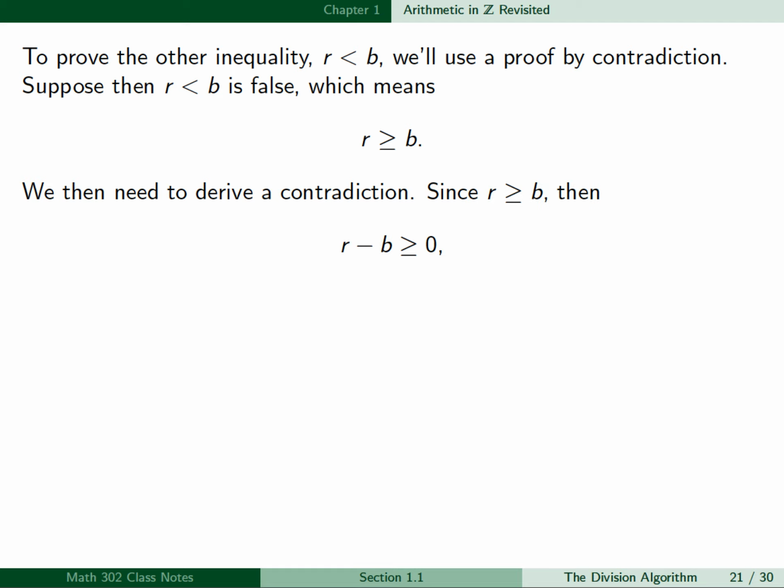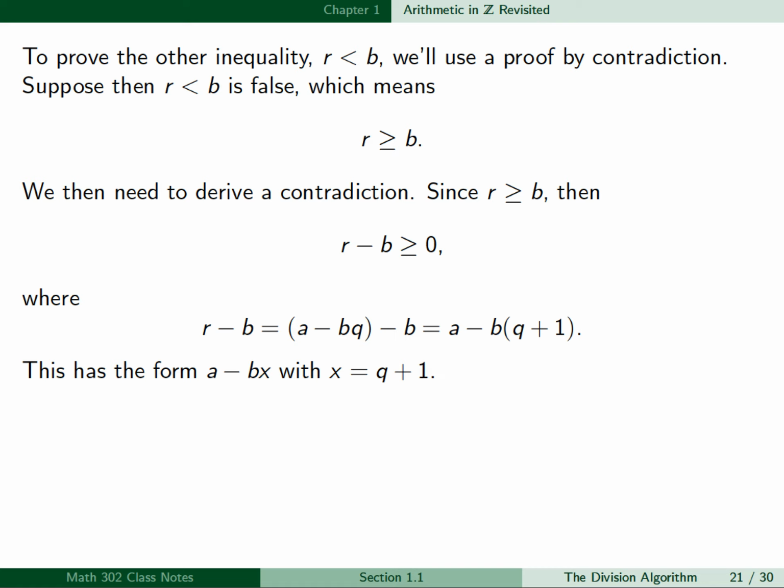Now, since r is greater than or equal to b, then r minus b is greater than or equal to 0. Where r minus b, this will be a minus bq minus b, and we can group the terms with b together, and we'll obtain a minus b times the quantity q plus 1.